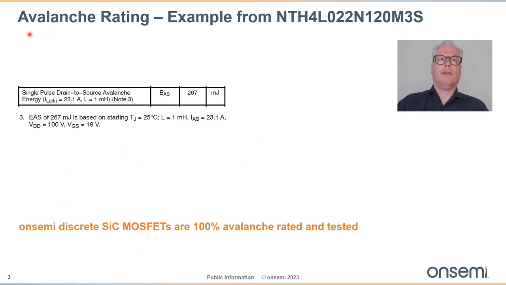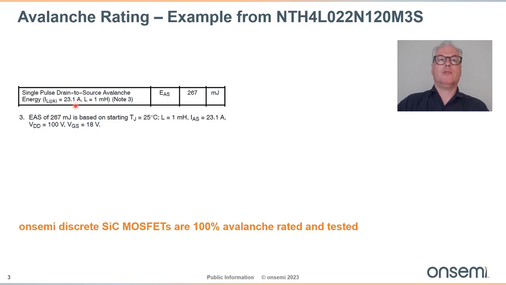Let's have a look at the avalanche rating specification from our new 22 milliohm 1200 volt M3S SiC MOSFET. We specify in the datasheet the single pulse drain to source avalanche energy, EAS, at 267 millijoules, and this is measured with an inductance of 1 millihenry, and the current which we guarantee works is 23 amps.